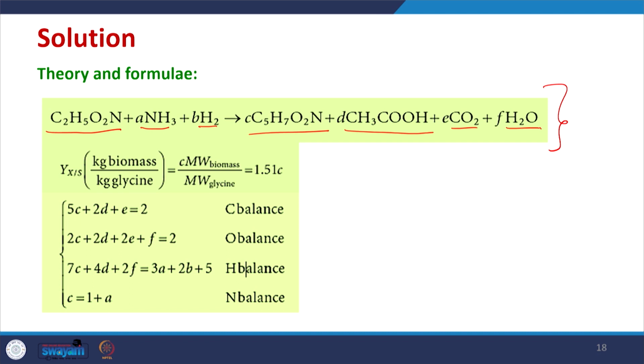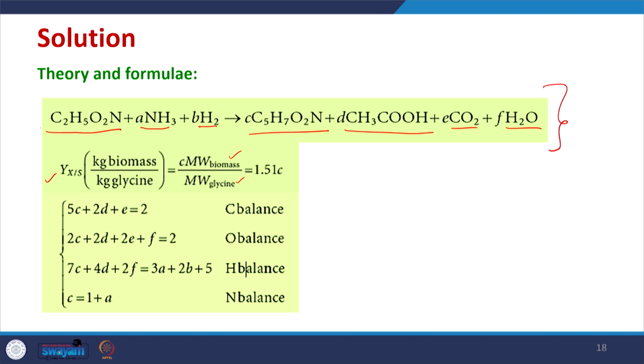So, we have the coefficients, and Y is defined as C upon 1 into molecular weight of biomass divided by molecular weight of glycine. We can easily calculate the molecular weight of biomass and glycine because their formulas are given. Using this we find that Y is equal to 1.51 C.